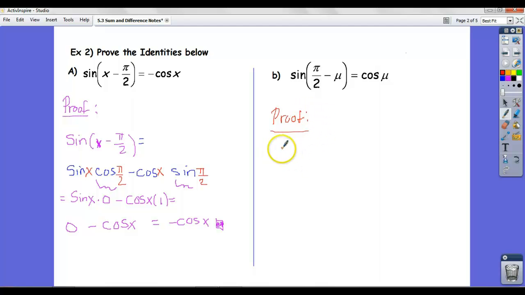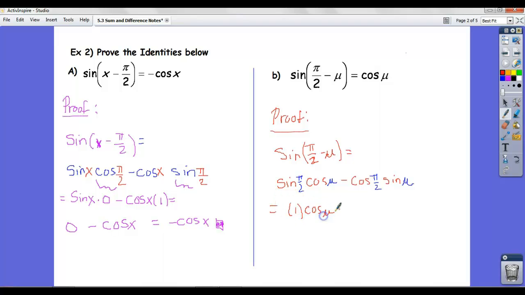Alright, so hopefully you're back from trying it. There you go. So hopefully your steps were shown just like that.